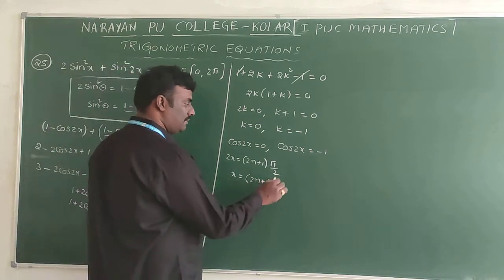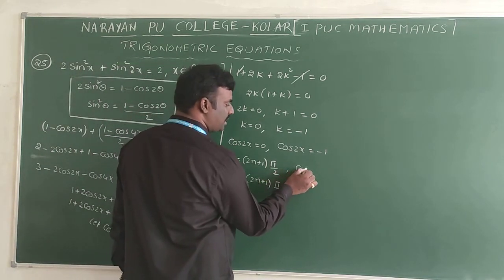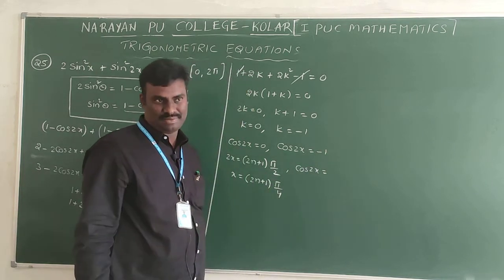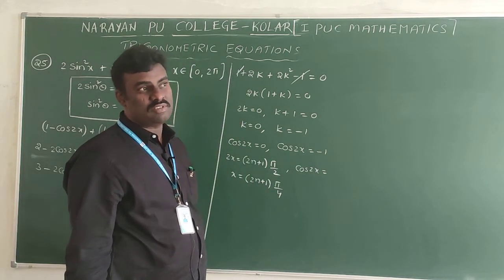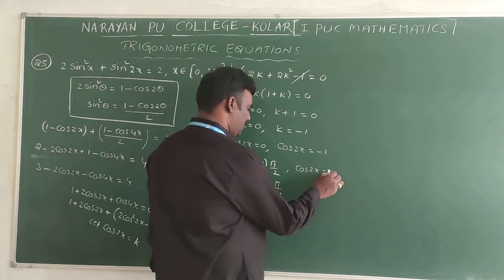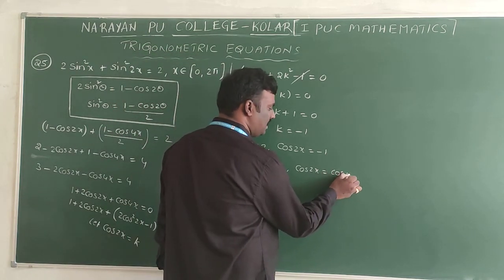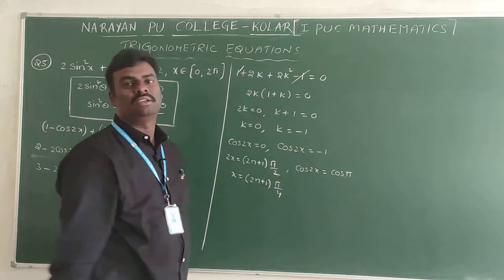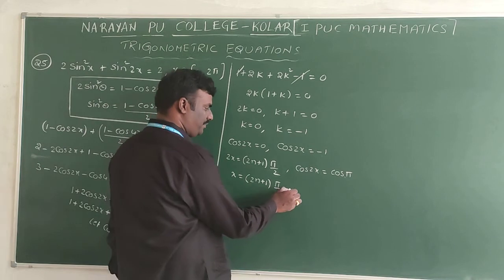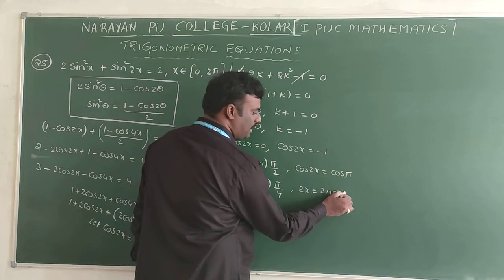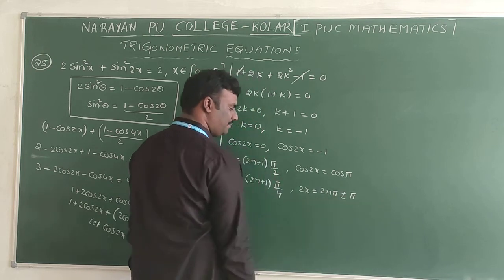Now coming to cos 2x is equal to minus 1. Cos 180 value is minus 1. So we can write 2x is equal to 2n pi plus or minus pi.